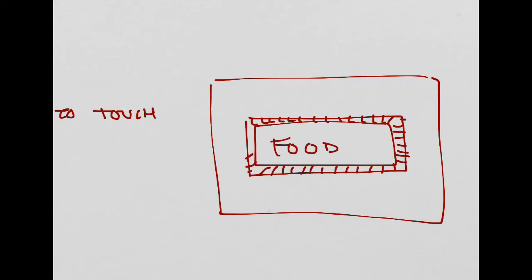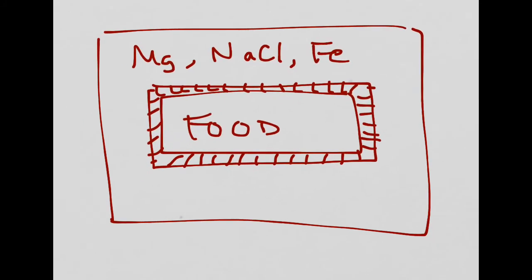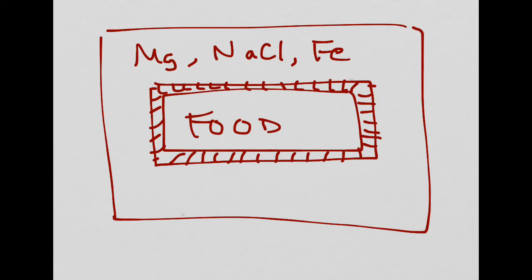I'm sure you all know what I'm talking about with that. So you have the food in there, whatever it is. And then you put in a bunch of chemicals like magnesium and sodium chloride and a little bit of iron into this. Keep that in mind, it's just solid magnesium, sodium chloride, and iron.